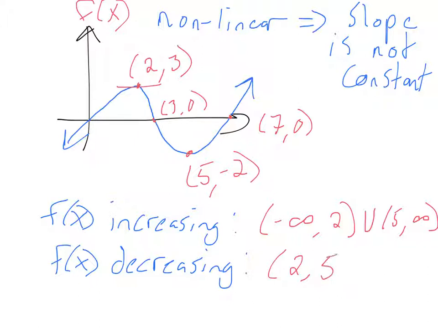Yep. So it's decreasing from 2 to 5. And so just by looking at the function, we can identify where it's increasing and where it's decreasing. Now I'm going to give you another function, and I'm going to ask you to tell me where it's increasing and where it's decreasing just by looking at it.